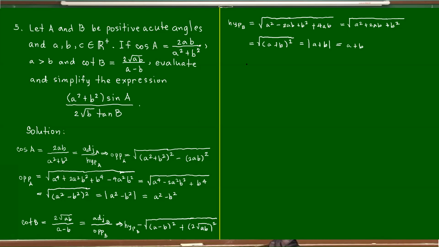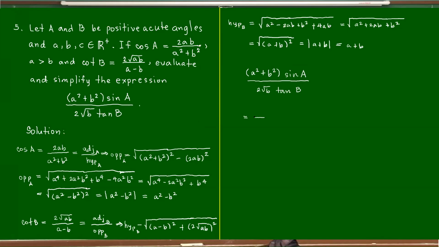So, what comes next? We know already the hypotenuse, relative to angle B. So, we can now find this expression. We have A squared plus B squared multiplied to sine of A, all over 2 square root of B, tangent of B. Let's substitute the value, guys.